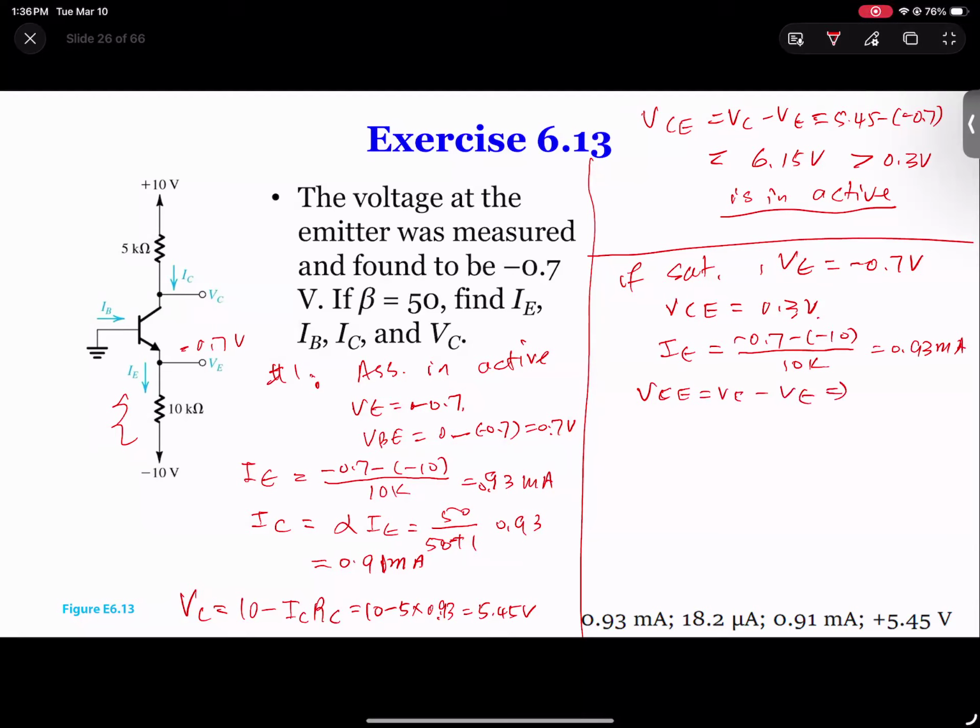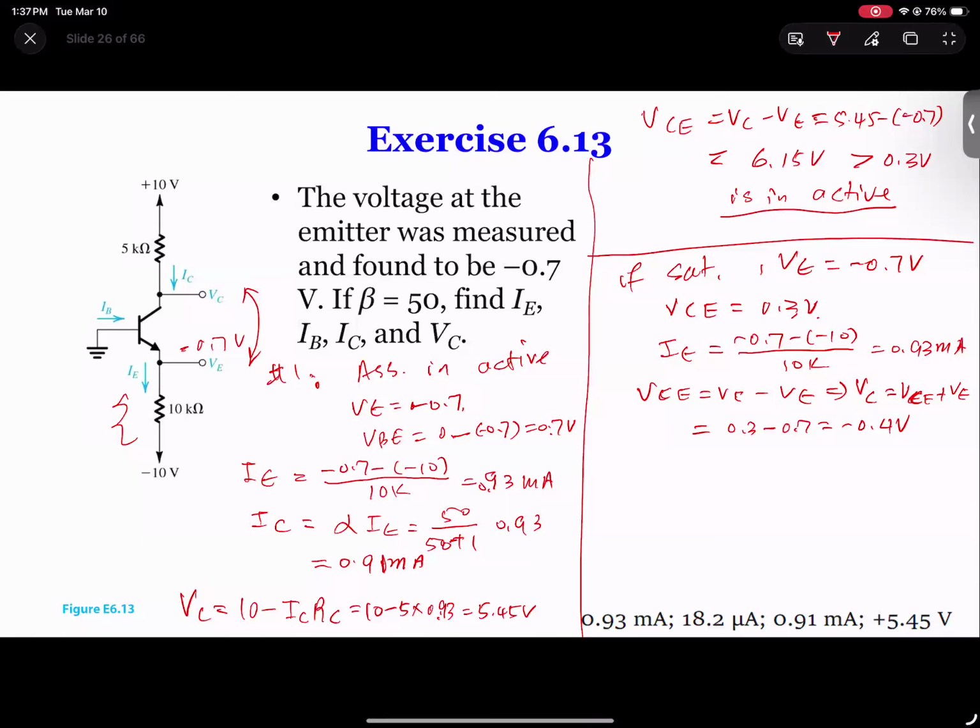VE is minus 0.4 volts. So that's it. Because now the VCE is 0.3, because we assume it is in the saturation mode.